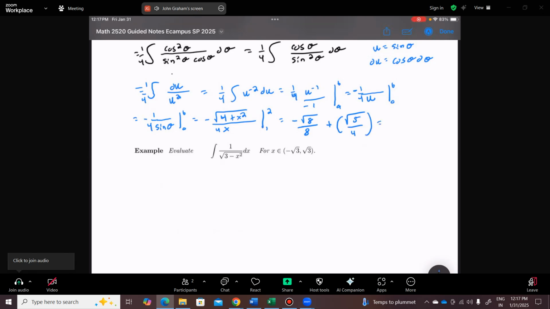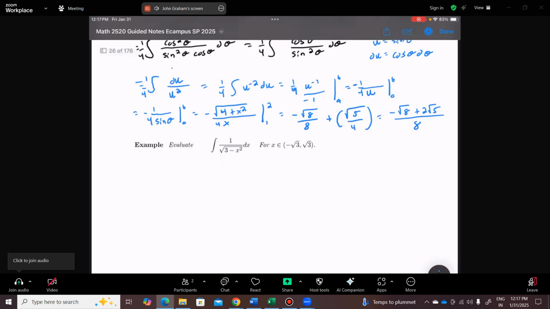So negative square root of 8 plus 2 square root of 5 over 8. Alright, there's a lot to one of these problems. It's another tool to use in integration, but sometimes you don't just use one tool for a job.